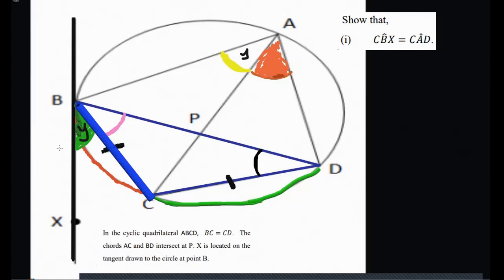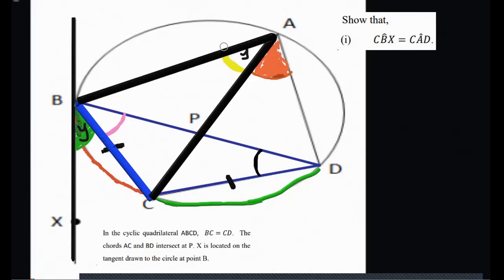All right. So due to that reason, see this blue chord CB, it is participating with the tangent to make this green angle, and that same blue chord has subtended an angle at the circumference. See, from C it's starting and from B it starts.